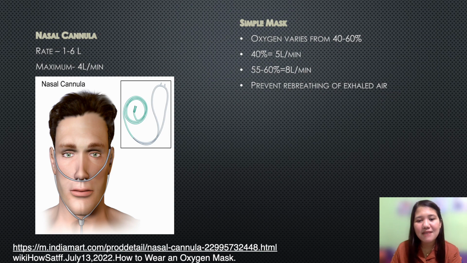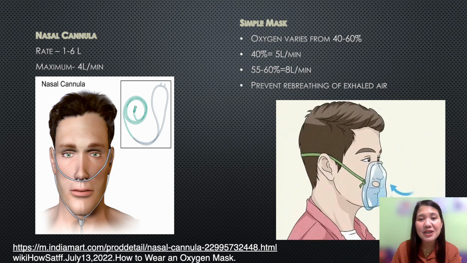Take note, as I have mentioned earlier, as a nurse, it is our duty, our obligation to assess or reevaluate our patients for signs of respiratory distress, nasal flaring, prolonged capillary refill, which means greater than 3 seconds, or a patient who reports feeling dyspneic or short of breath.